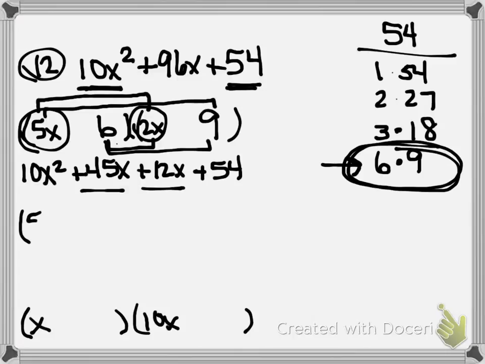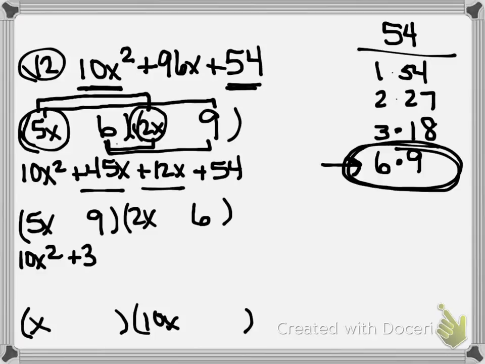And also, if you were to rotate those, 9 times 6 is still 54, but your possibilities would be 30x, and I'm just pretending we're all positive here for fun. And then you would have an 18x from the inner term.